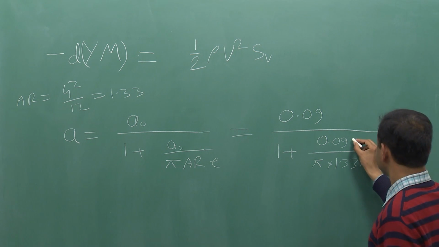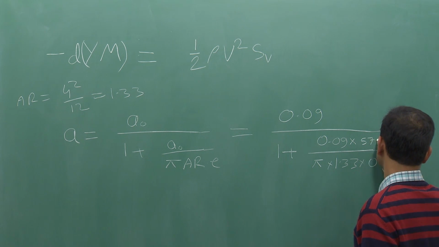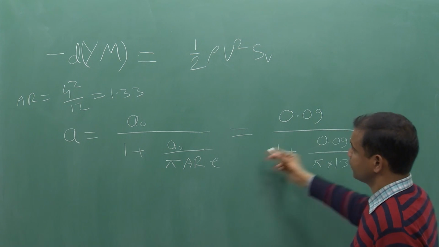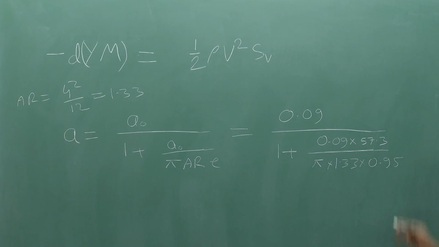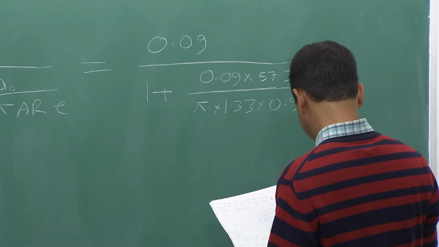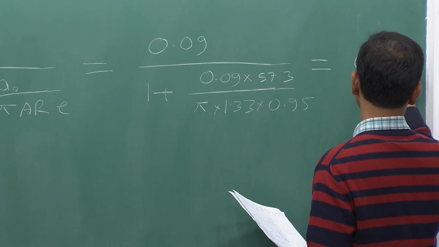So, we will have to multiply it by 57.3. By solving this, we will get the 3D lift coefficient of the vertical tail, and this is 0.04.